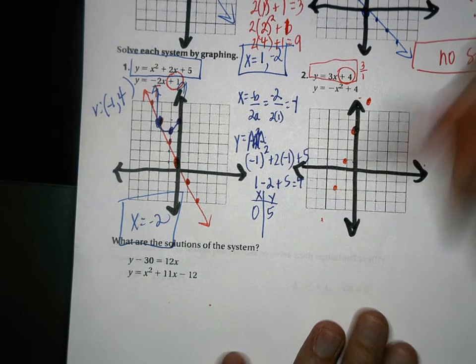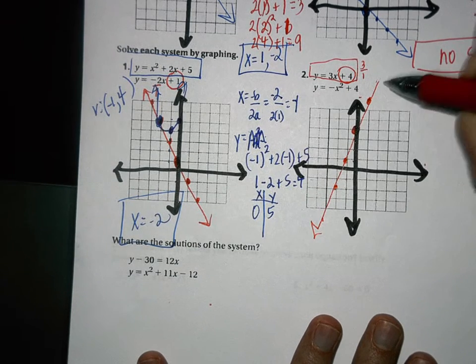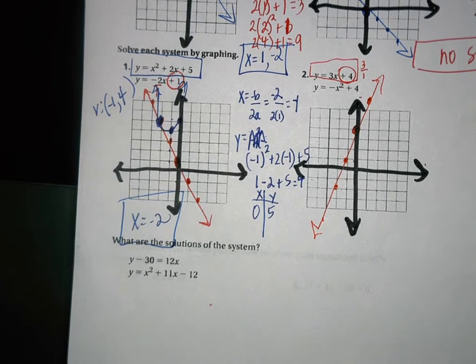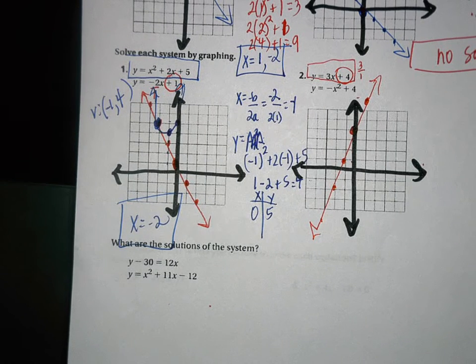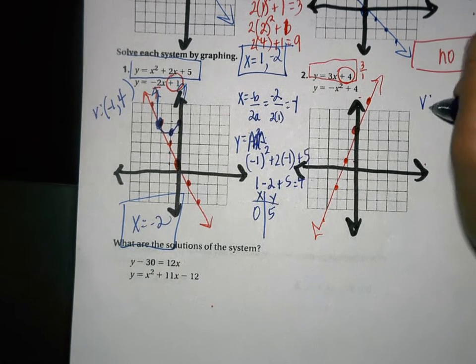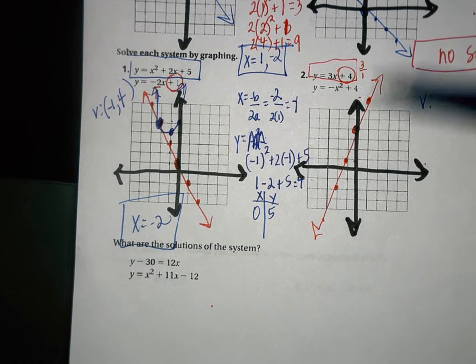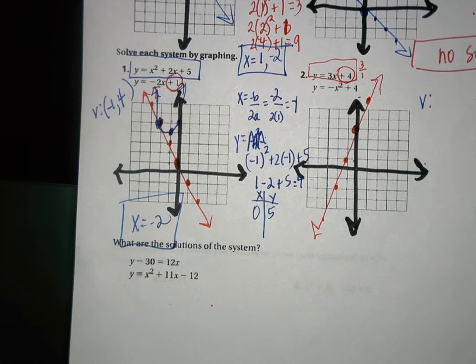Okay, so we're going to try to draw our line. Maybe you want to use a ruler. Okay, now, what will be my vertex on this one? If you were to do negative b over 2 times a, what's my b value?